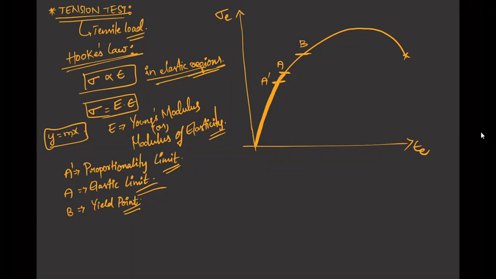For all engineering applications we want to know the differentiation between the elastic and plastic limit, which are actually very near. These a and b points are very near if you observe. So we made some assumptions to say that plastic yielding is taking place. Yielding is nothing but plastic deformation starting from there.